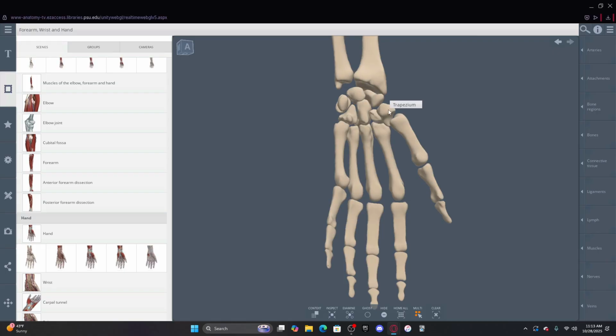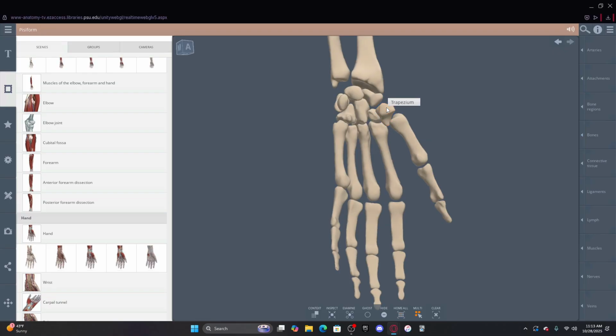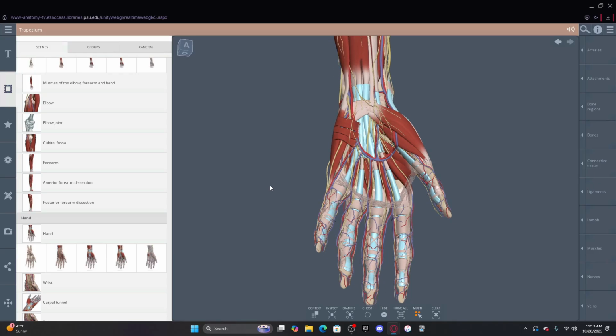We have scaphoid, lunate, triquetrum, pisiform, hamate, capitate, trapezoid, and trapezium. I'm going to go over it 10 more seconds just to make sure it's solidified. So long to pinky, here comes the thumb: trapezium, thumb.